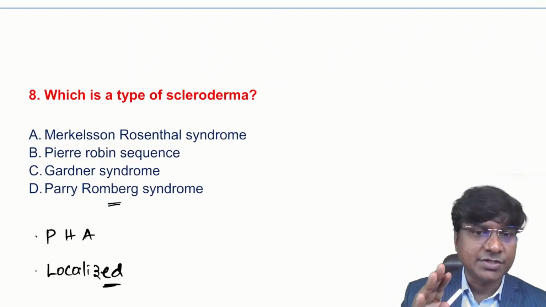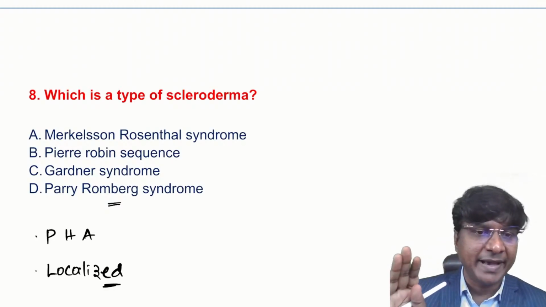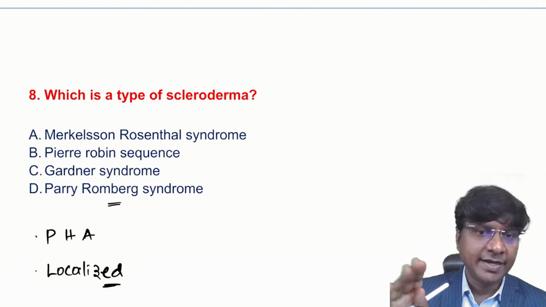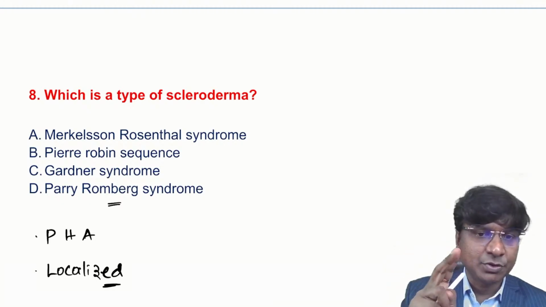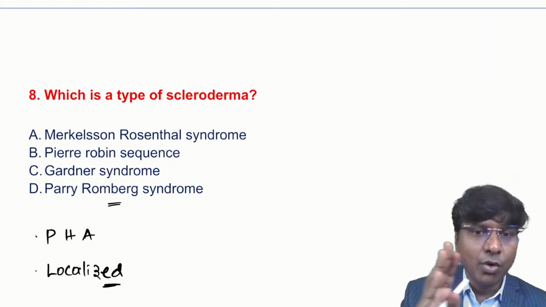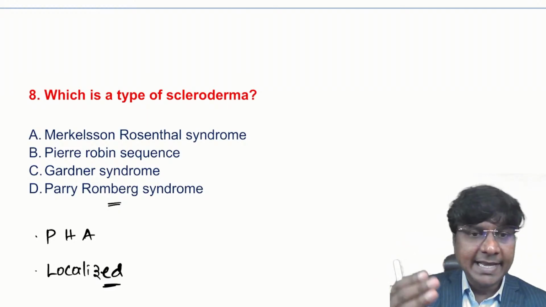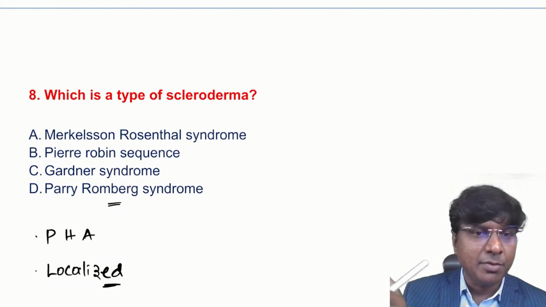So these are all the structures which will get atrophied in case of Parry-Romberg syndrome, right? That is your skin, subcutaneous tissue, muscle, and bone on one side of the face. And this is a form of scleroderma.